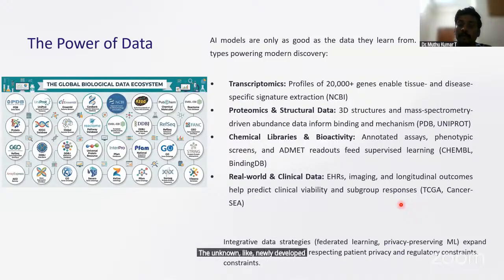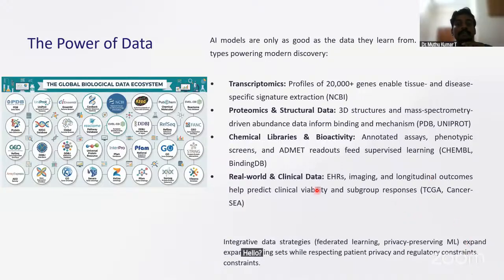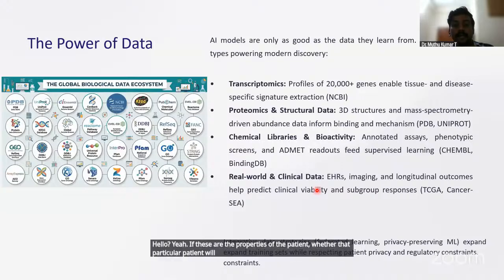Or if you are working with patient data, you can develop a model for the prediction of cancer recurrence. If these are the properties of the patient, will that particular patient have cancer again after 3 years, after 5 years? That can also be predicted with the help of this patient data.